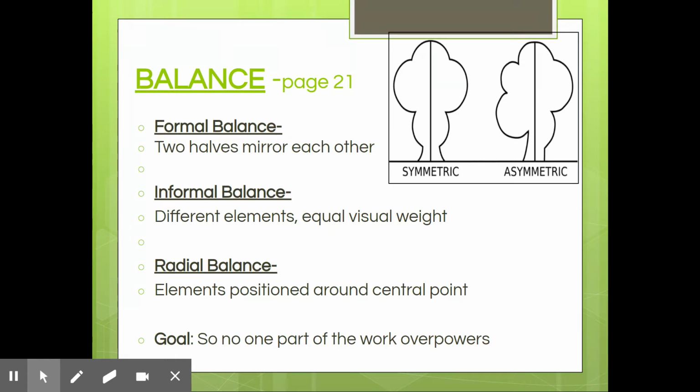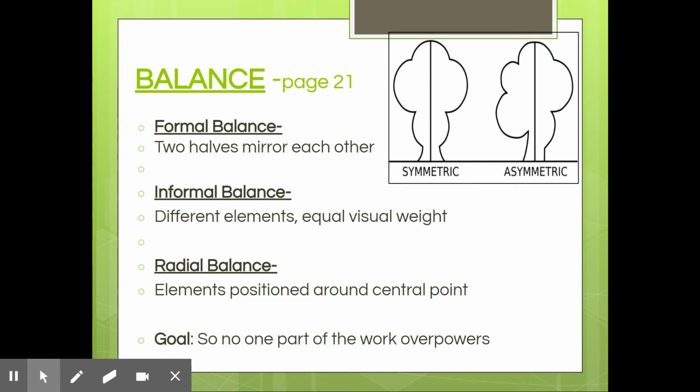If you think about a human face and you draw a line down the middle, we know that the eyes are equal distance from one another, and the nose and the mouth would be on that center line. That line is known as the line of symmetry. Symmetry is essentially a synonym for formal balance. So something that has symmetry or is symmetrical has formal balance.